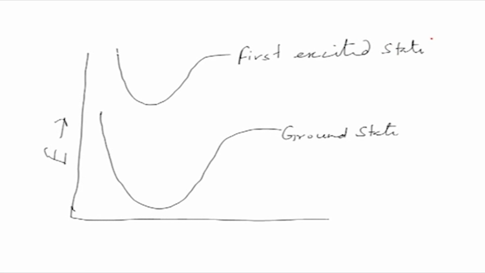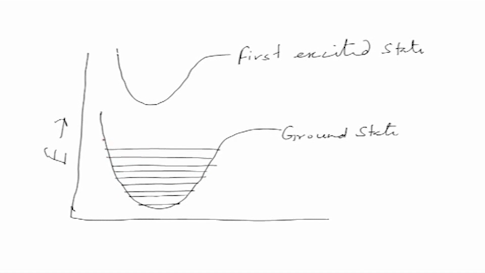Now, here this is an electronic state, you can say, and this one is the electronic energy level, and another one is in the excited state, that is the first excited state of that electronic level. Now, within these electronic energy levels there are subdivisions which are known as vibrational levels actually.